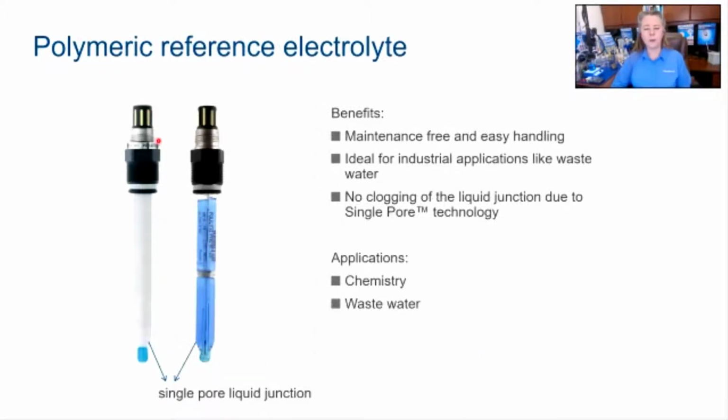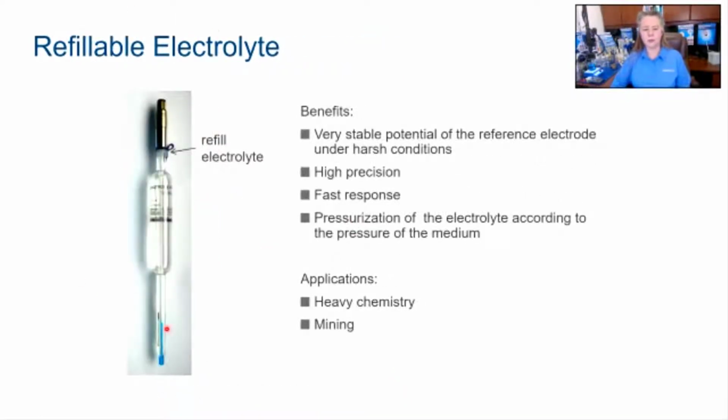A polymeric version is also pretty maintenance free, but they're really good for wastewater and chemical production. I've used them in some food, but generally not so much because their electrolyte is not considered food grade. And then there's refillables. The one I'm showing you here would never be used in biopharma.